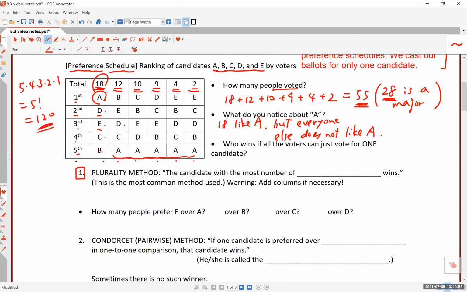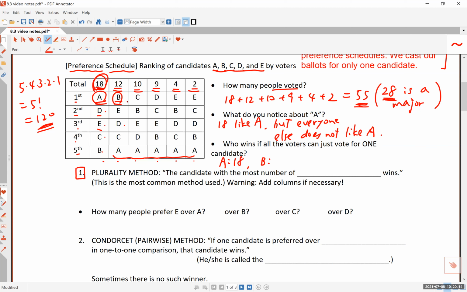So let's think about who is going to win. Now, how many people would cast the ballot for A? Well, A is going to have 18 people, right?